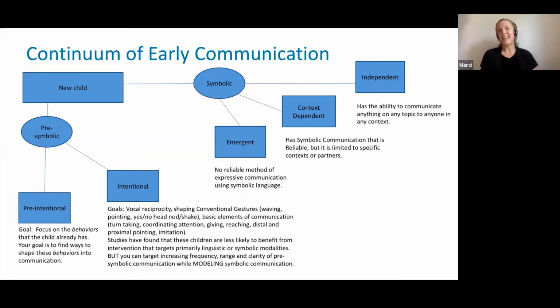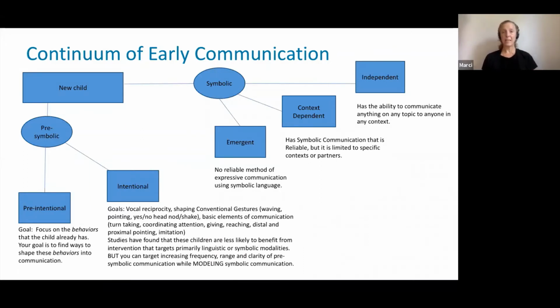So you'll recognize this. The goals that we typically offer these kids are things like vocal reciprocity, shaping conventional gestures such as waving or pointing or a head nod or shake. We're focused on the basic elements of communication, such as turn taking and coordinating attention, giving, reaching, pointing, distal and proximal, so near and far, and then imitation.